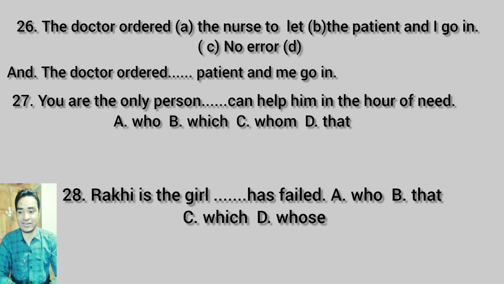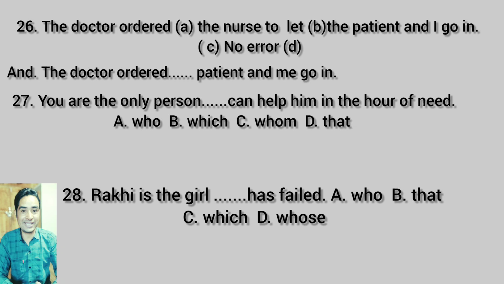Question number 27. You are the only person dash can help him in the hour of need. There are four options: A, who; B, which; C, whom; D, that. Do you remember there are some words which, when used as an antecedent, take the relative pronoun that: the same, the only, the few, the little, none, nothing, everything, and so on. Here the antecedent is the only person.